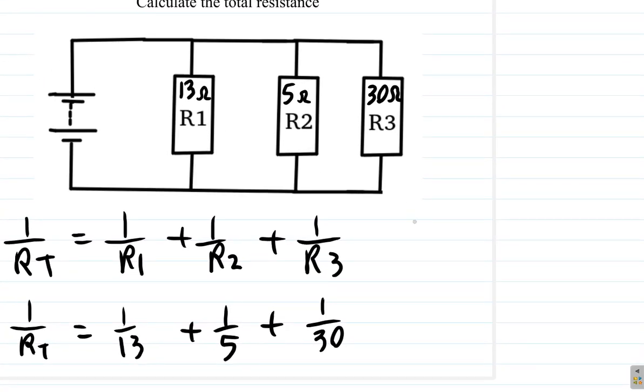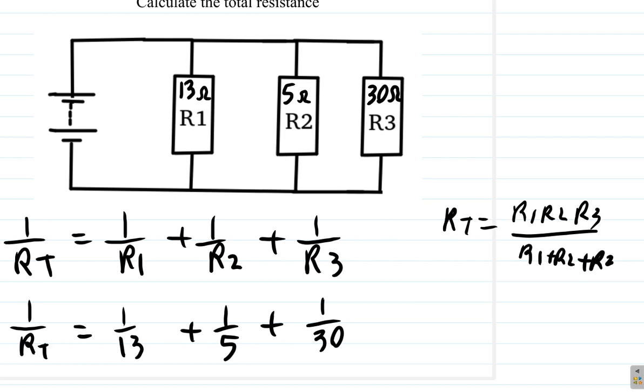It might seem at first that the product over sum, saying that RT is R1 times R2 times R3 over R1 plus R2 plus R3, could work, but it won't.